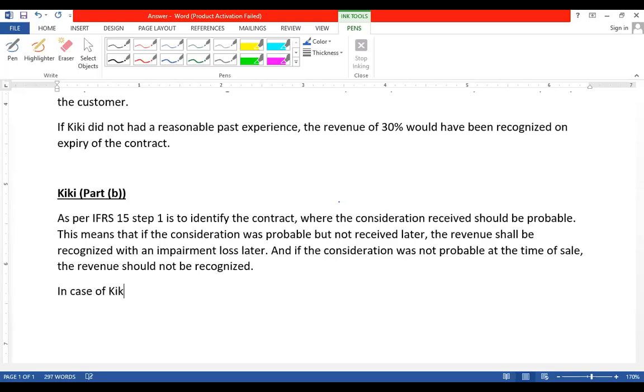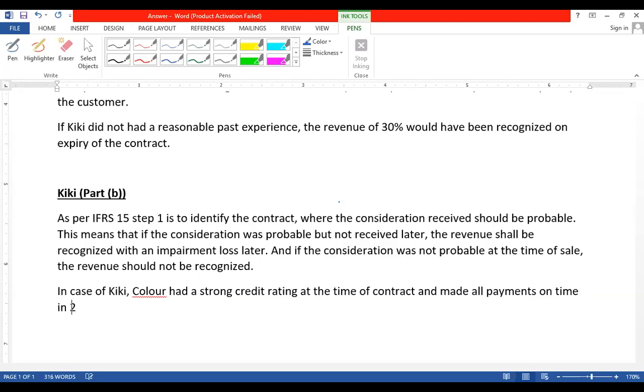Now, in case of Kiki, Color had a strong credit rating at the time of contract and made all payments on time in 20x6. Therefore, Kiki should recognize revenue for all of the sales in 20x6.